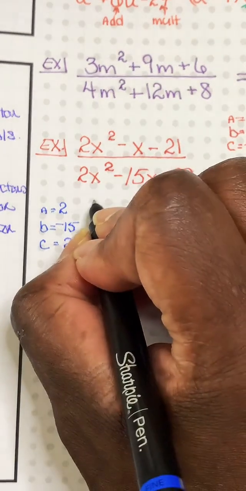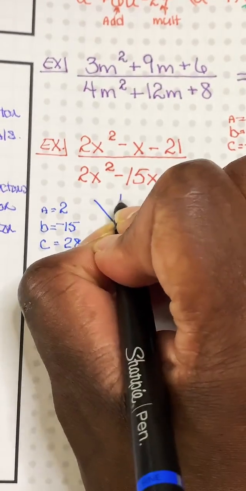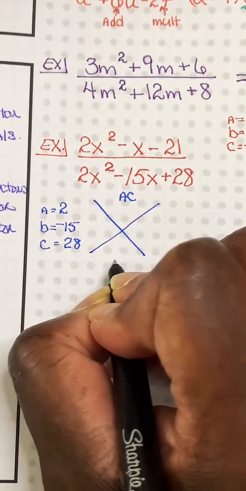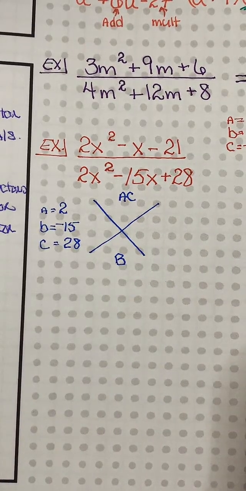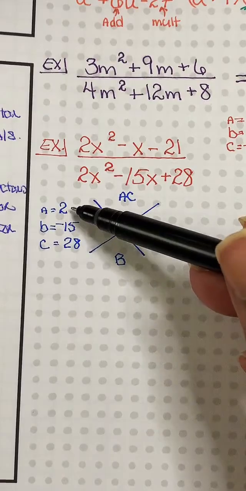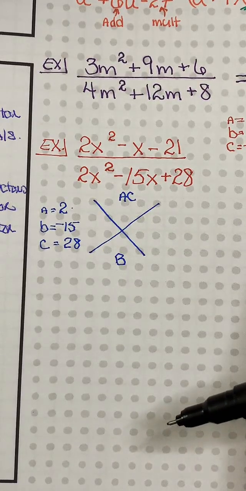So all we do is multiply our A and our C and rewrite our B. So 2 times 28. What do we got?